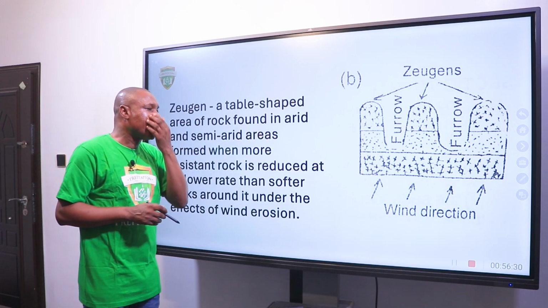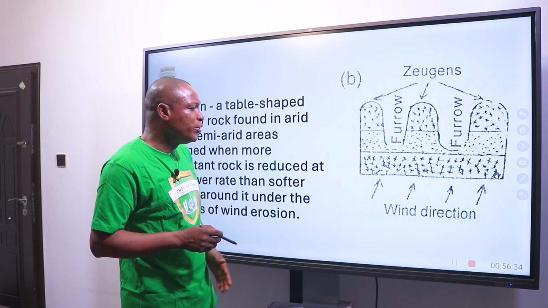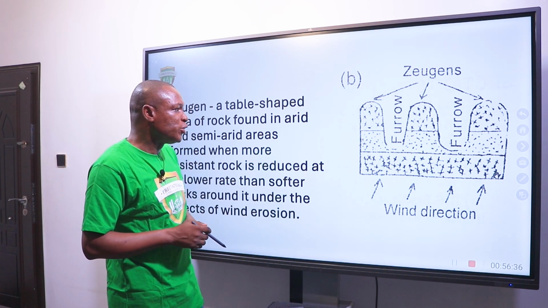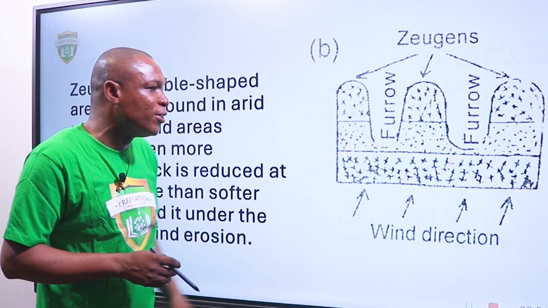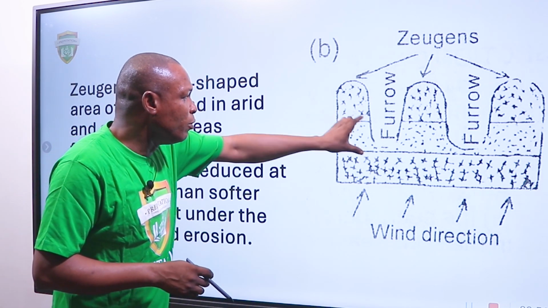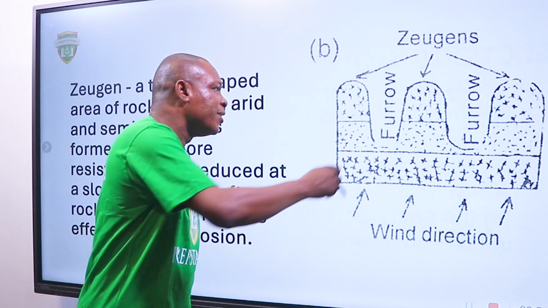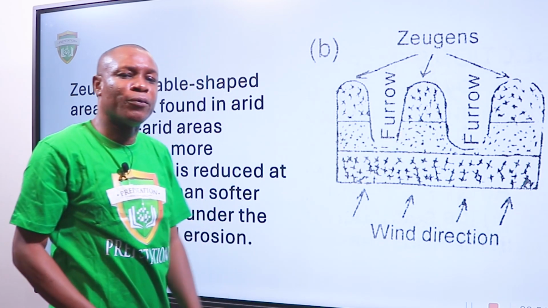So this is the zeugen. This is the landform produced as a result of wind erosion. The soft rock has been blown or eaten off by wind erosion, leaving the resistant rock standing upright. These parts that you are seeing as furrows were the parts that had soft rock.